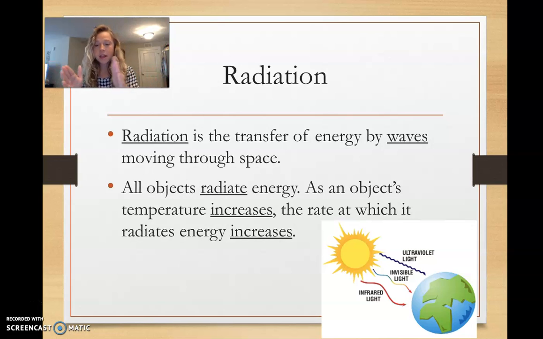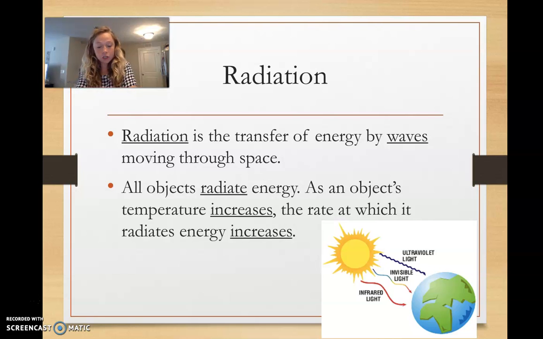So the sun and the earth, in between there's no air. So it's going to go straight to the earth. It's going to be in wave form. It's going to radiate. What I want to do is also go to my oven right now. In the book on page 481, it shows you a picture of a hot plate and the coil.